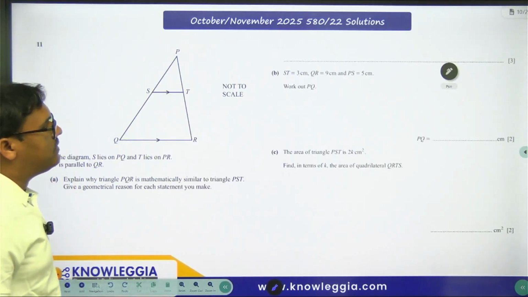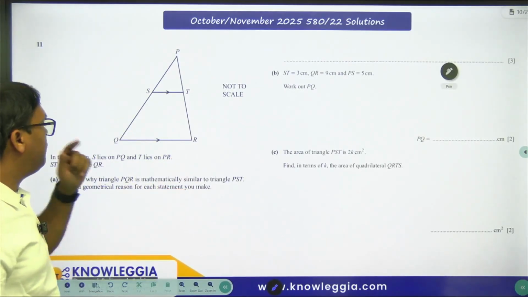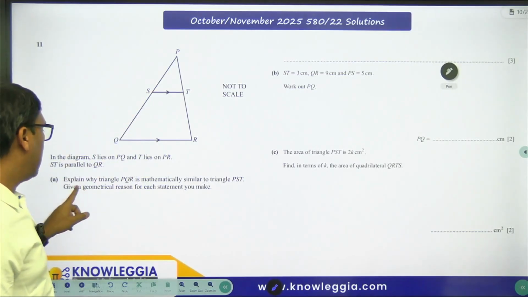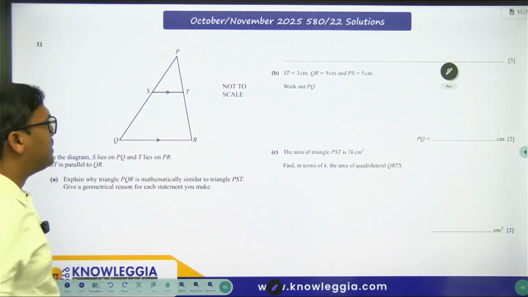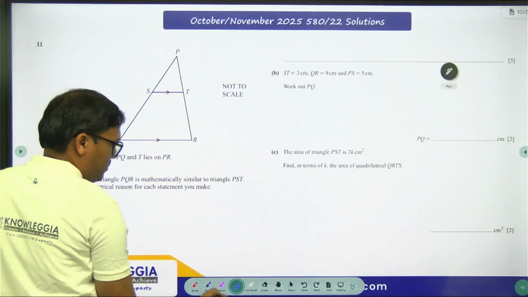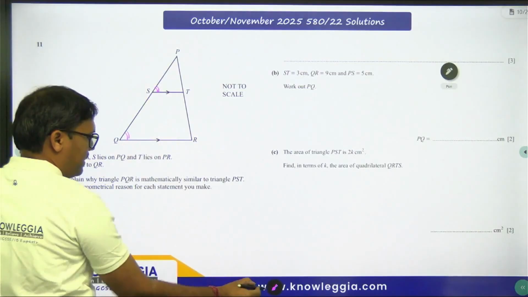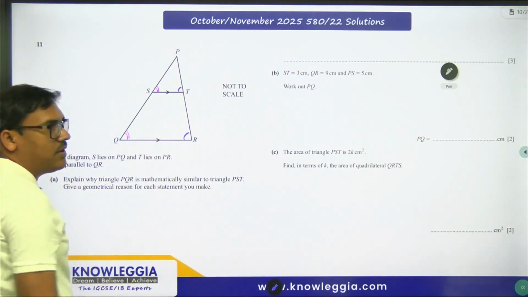So now next question. The parallelogram. Okay. So here we have multiple questions. You see in the diagram, S lies on PQ and ST is parallel to QR. Explain why the triangle PQR is mathematically similar. Basically you have to show that triangles PQR and PST are similar. So you can see if they are parallel, these two angles will be equal, corresponding angles, and this angle will be equal to this angle, again corresponding angles.